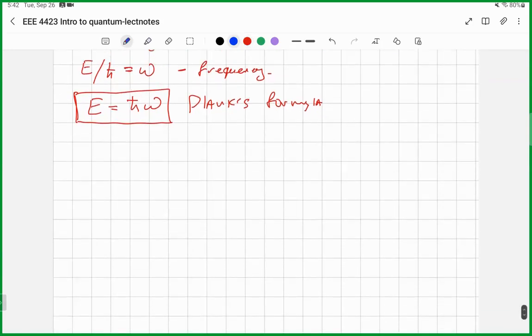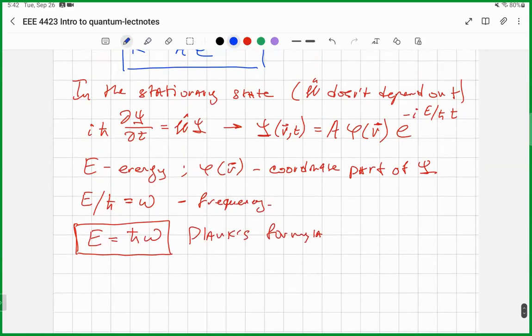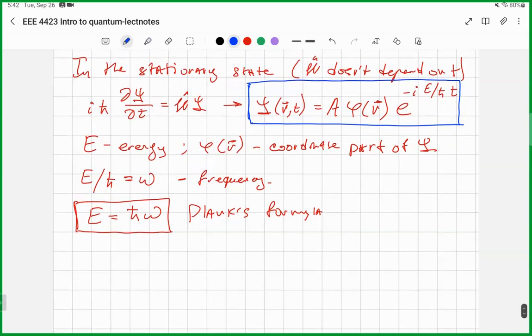So this is the steady state or stationary state solution to the Schrodinger equation, which is much easier to solve because we can solve only the coordinate part of the Schrodinger equation, and then multiply by this exponential function.